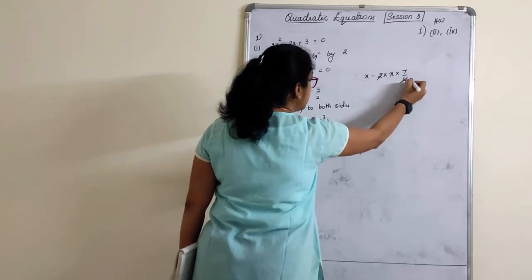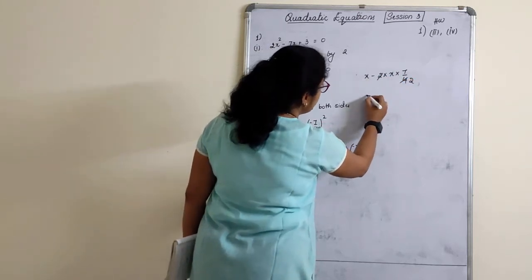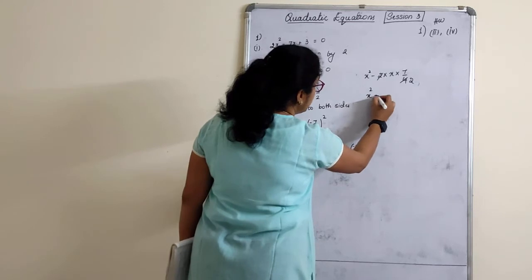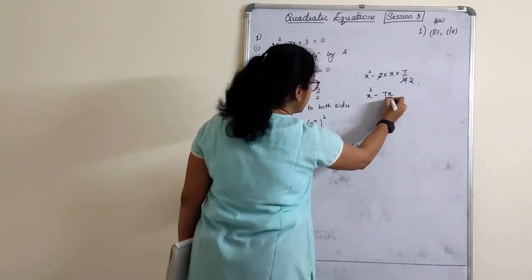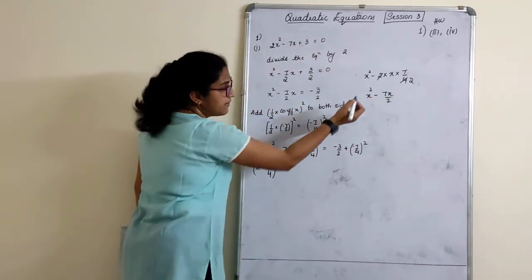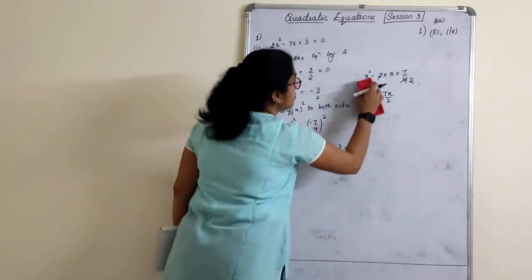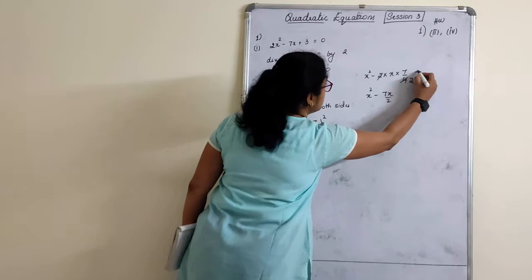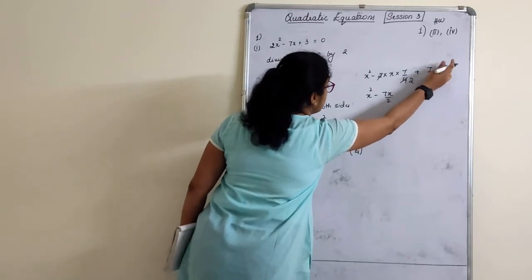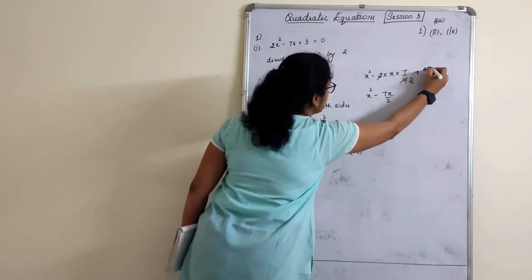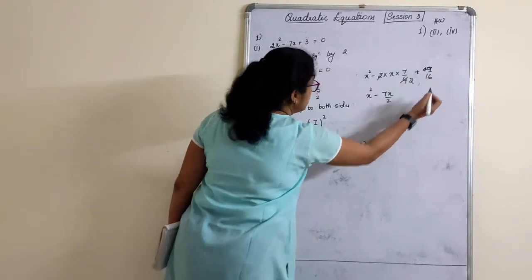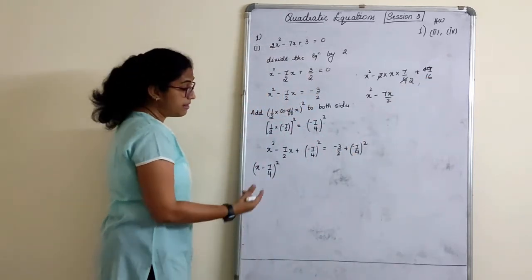So what did I get? x square minus 7x by 2, right? Of course, this I will write. I just wanted to show you here. Same thing we got. I have not written b square, children. Plus 7 square by 4 is 49 upon 16. That is what I get here, 7 by 4.